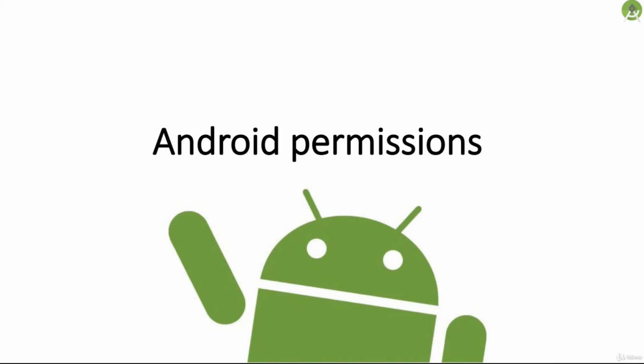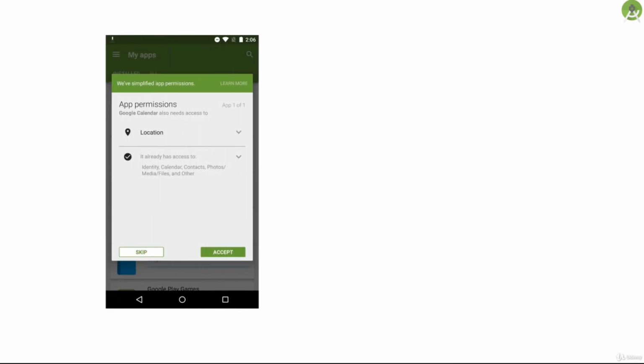Now let's go to the next step, the permissions. You know, when you download any application from the store, if you are using Marshmallow or after, you will see one screen, and if you are before Marshmallow, you will see another screen. They say, hey, this application wants to use these permissions. Do you agree? When you agree, the application is installed.